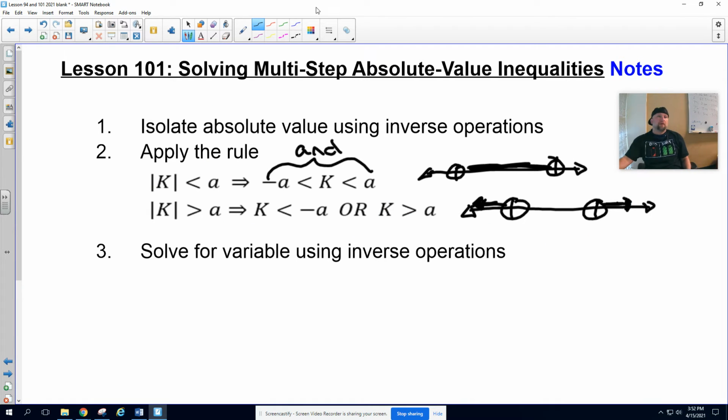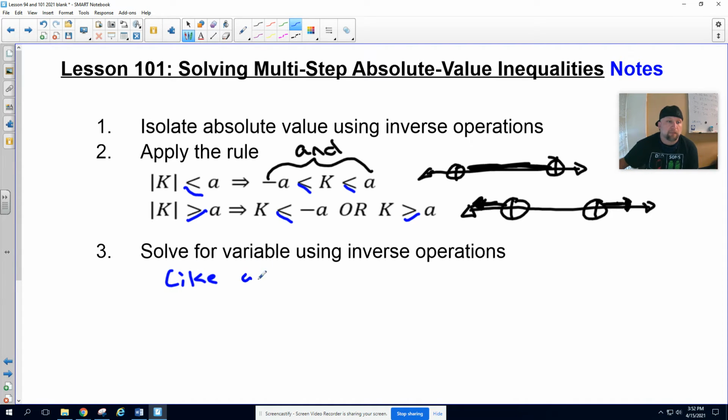And it works whether it's strictly less than, or if it's less than or equal to, greater than, or greater than or equal to. So that still is the same. And then you just solve for variables using inverse operations like we do with our compound inequalities.